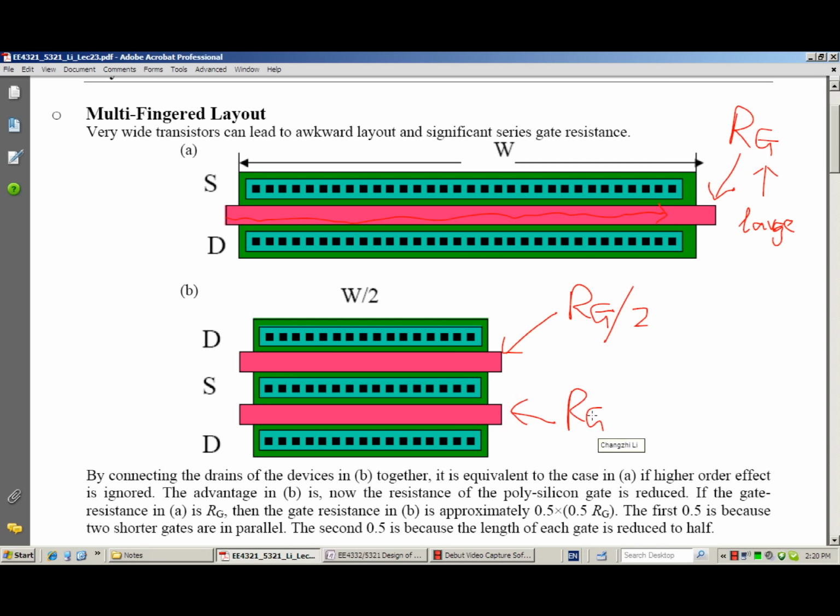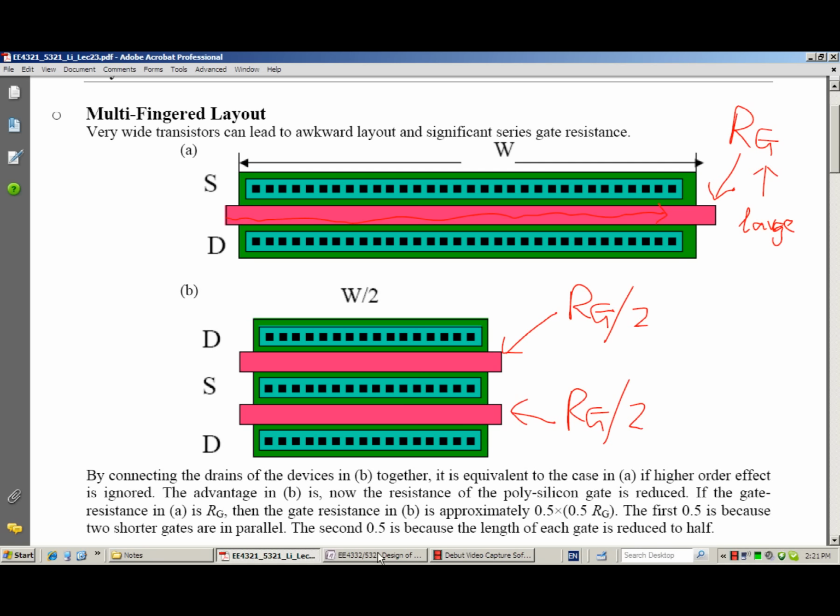Moreover, we are putting the two transistors in parallel, so the gate resistance is this Rg over 2 in parallel with the other Rg over 2, so the total resistance is approximately 1/4 of the original Rg. That will greatly reduce the noise produced by gate resistance.